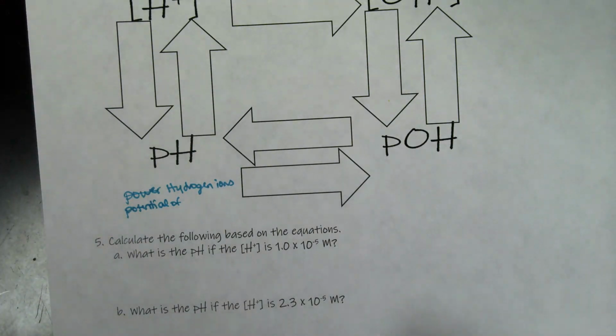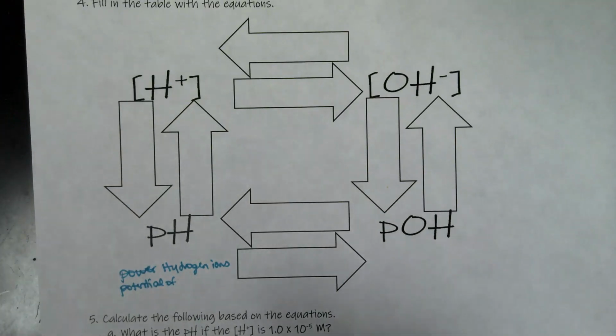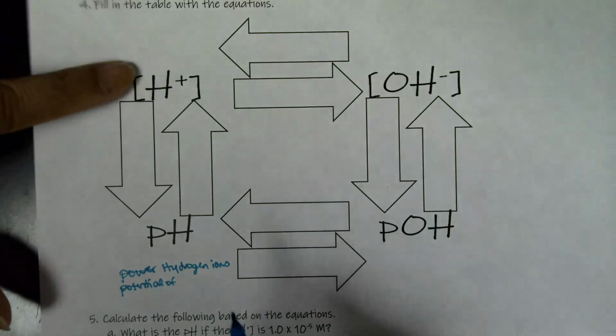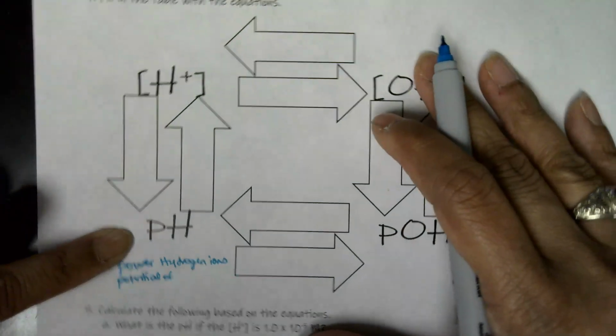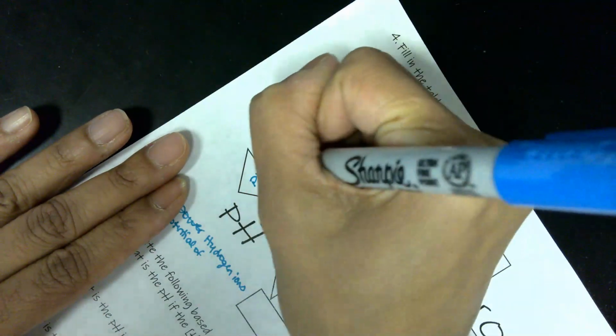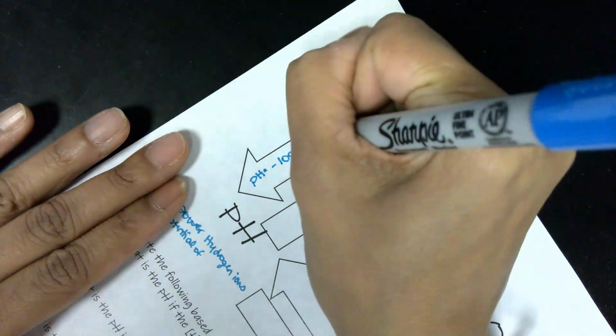So we can convert between all of these things. And these conversions might seem intense as we go through them, but the more we do them, the easier it'll be to understand. So let's talk about H plus to pH. We know that, and I'm going to switch this around, the pH of something is equal to the negative log of the concentration of H plus.